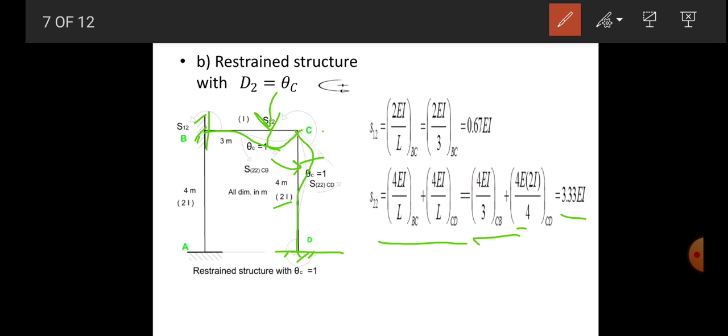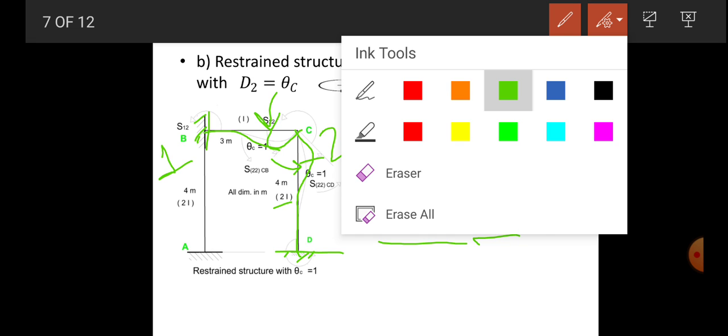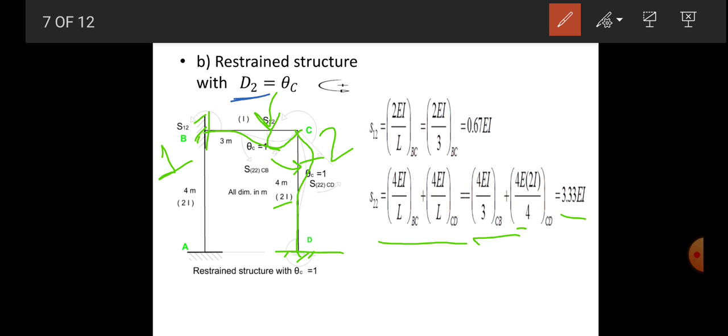Now where is our coordinate 1? This is the location of coordinate 1, and this is the location of coordinate 2. We are applying unit rotation for the second coordinate in the direction of the second coordinate, so we have the S22 value.